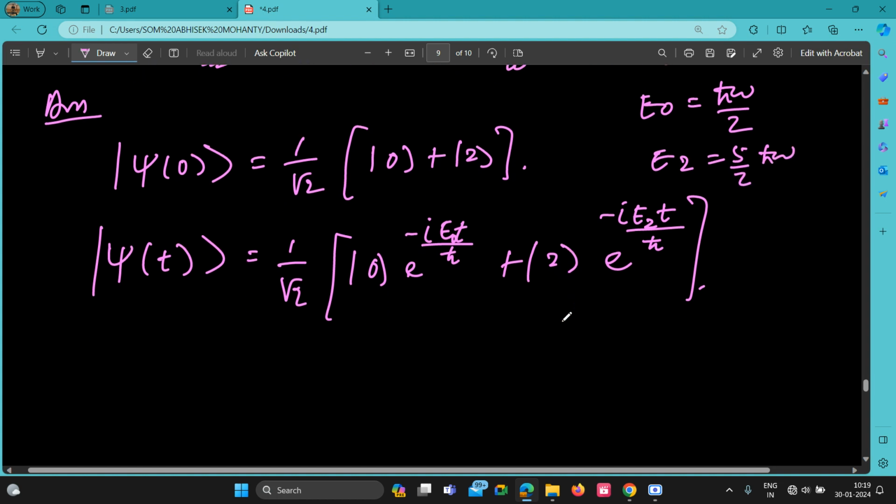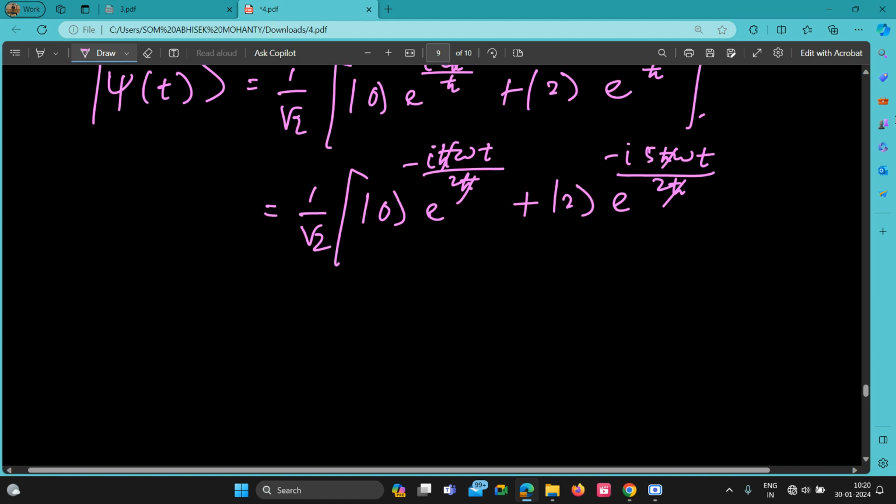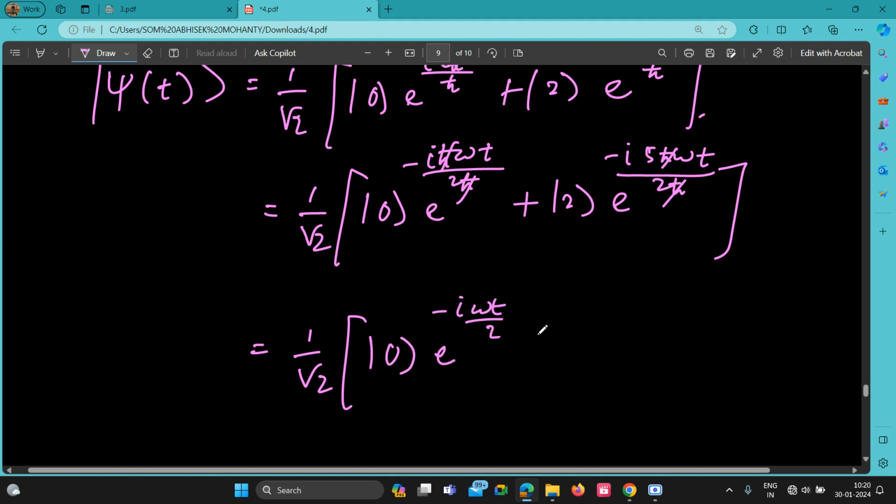So psi t is 1 by root 2 (|0> e to the power minus i omega t by 2 plus |2> e to the power minus 5 i omega t by 2), with h cut cancelled out.